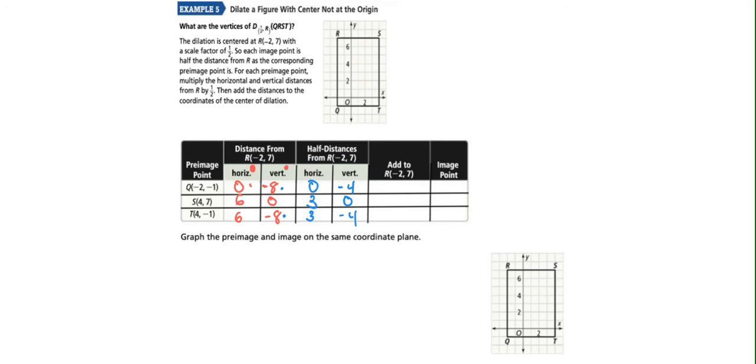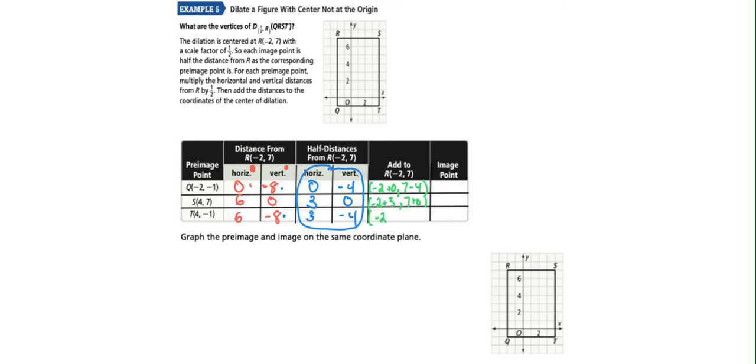Okay, so now what we need to do is add these new distances we just found, the half distances from R, to our original R coordinate. So we're going to do our -2 from R plus 0, because horizontal is 0, and then 7 minus 4, because we're going -4 vertically. -2 plus 3, because we're going to the right 3, and then 7 plus 0.